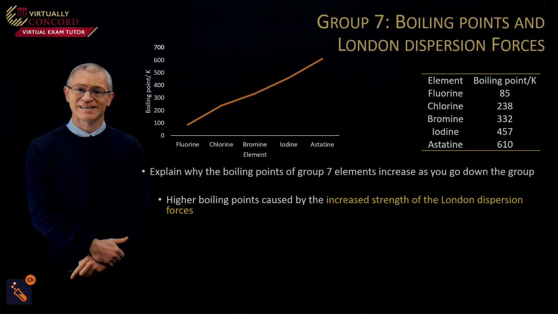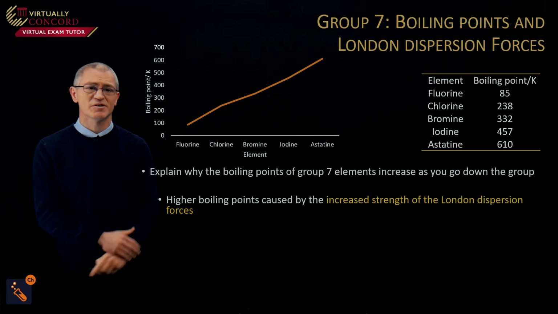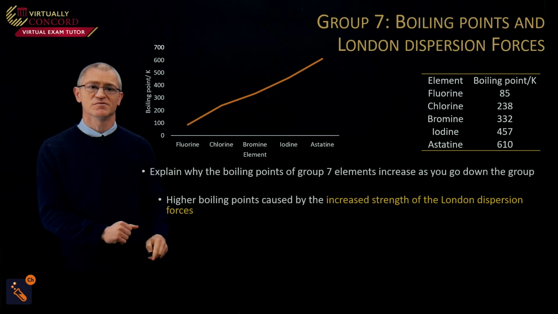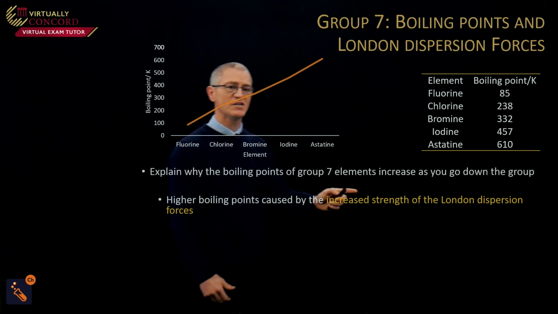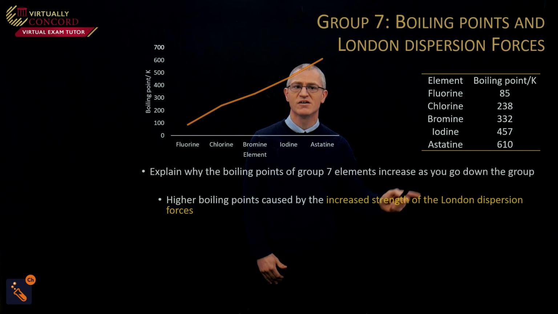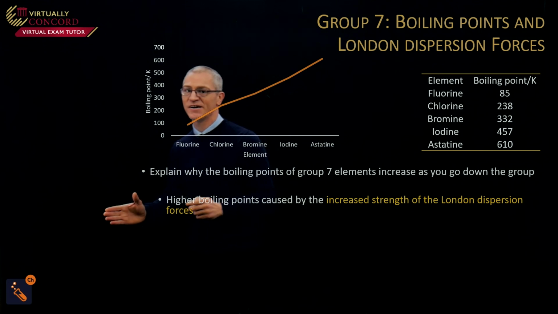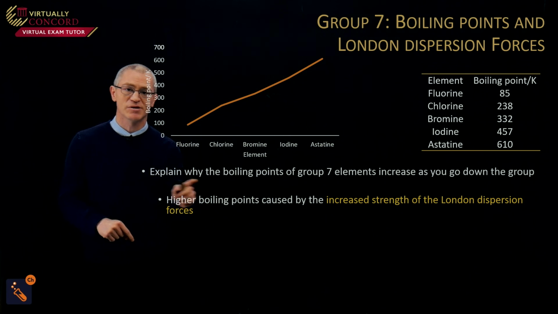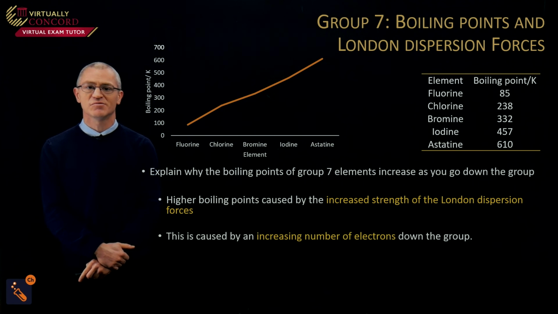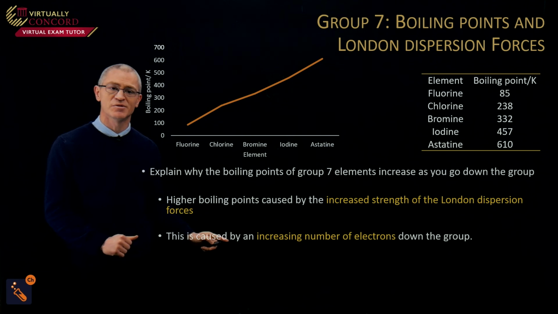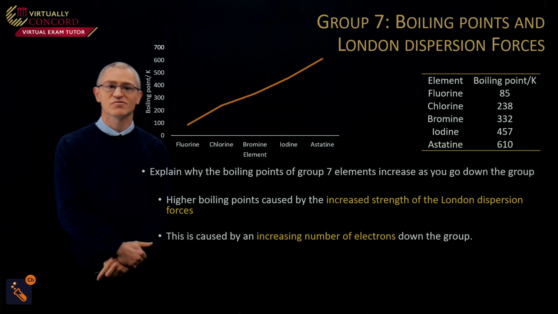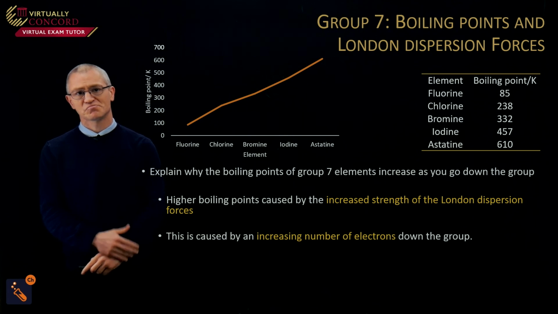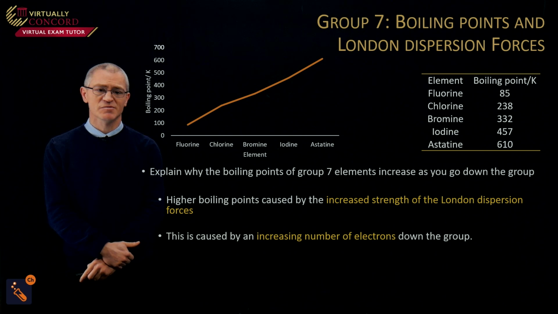So our exam answer here is higher boiling points are caused by the increased strength of the London dispersion forces. The really important thing is to refer to the strength of the London dispersion forces. Then we have to explain why, because it says explain why in the question. So we have to say this is caused by an increased number of electrons down the group. Okay, so group 7 and group 0 are the most common ones.